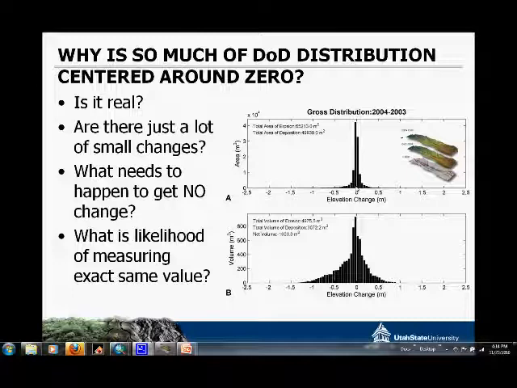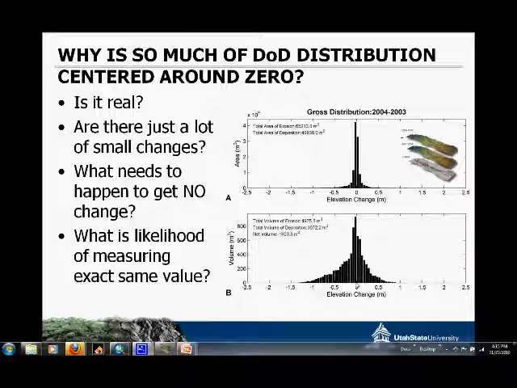Just given the precision of our survey equipment, the odds of that happening are very, very low, and they're made even lower because we then take that survey data and interpolate it into a surface, typically a TIN, which then gets converted into a raster or gridded DEM in this software anyway. And so the likelihood of actually having absolutely no change is very, very small.